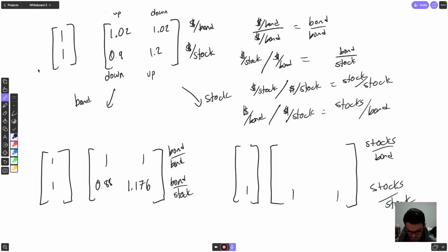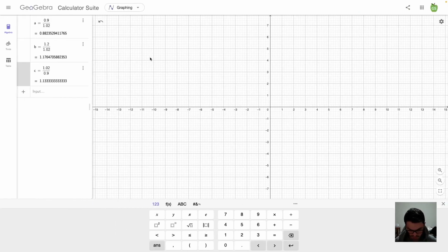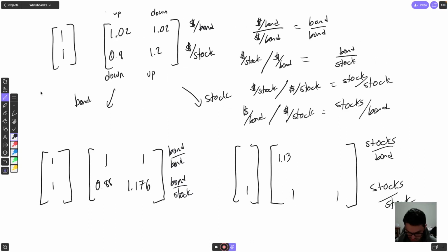Okay, so that's 1.13. And now this next one is going to be dollars per bond, so 1.02 divided by this 1.2, which is 0.85. And then here we've got a 1 because we're dividing 1 by 1.